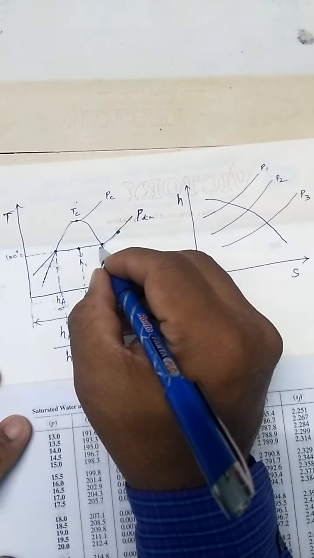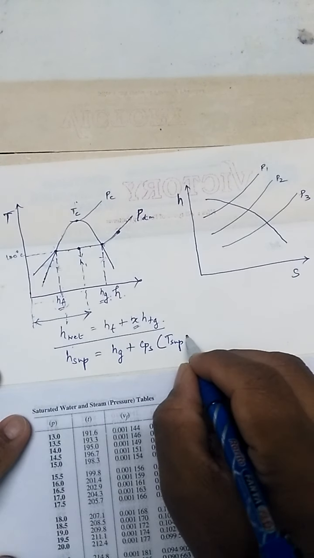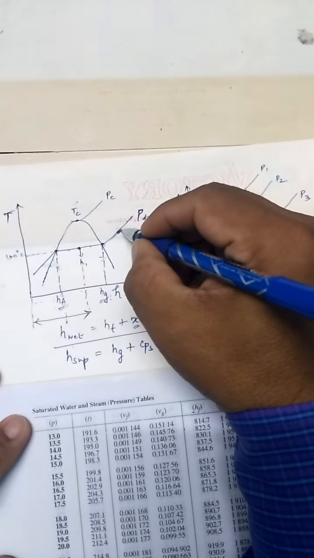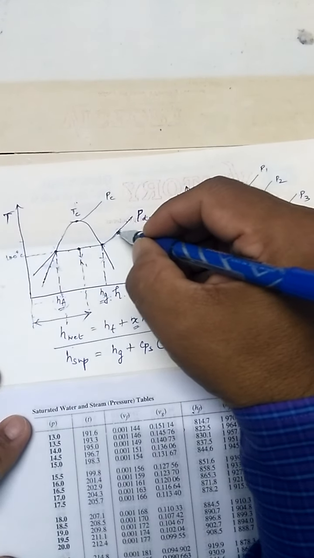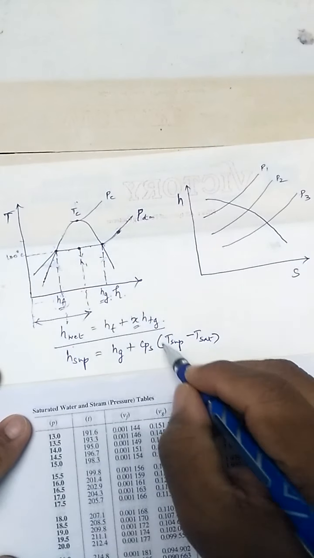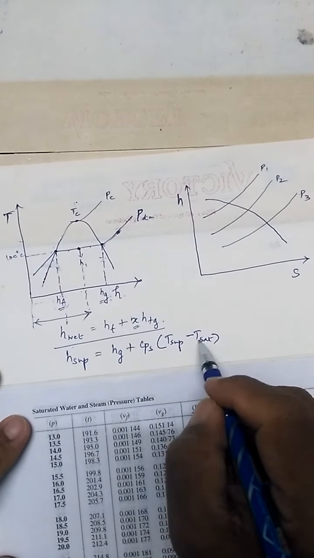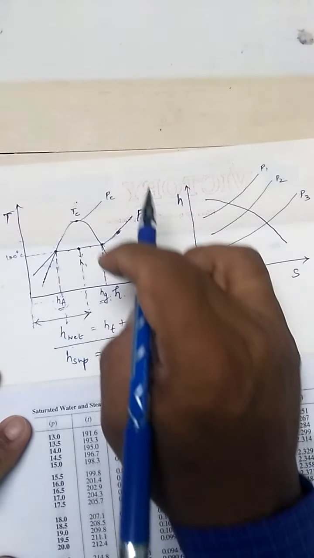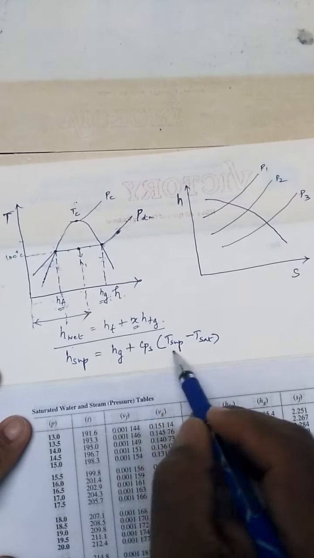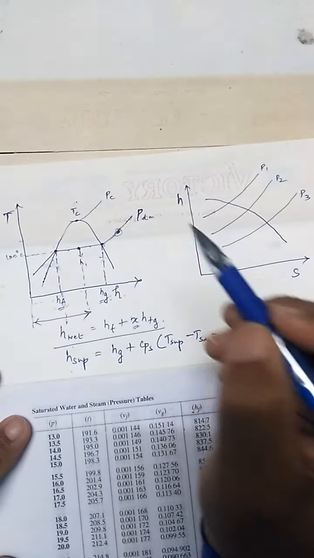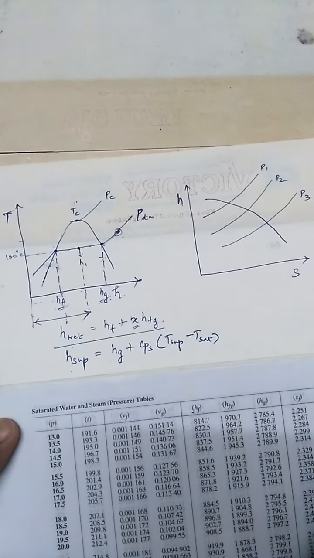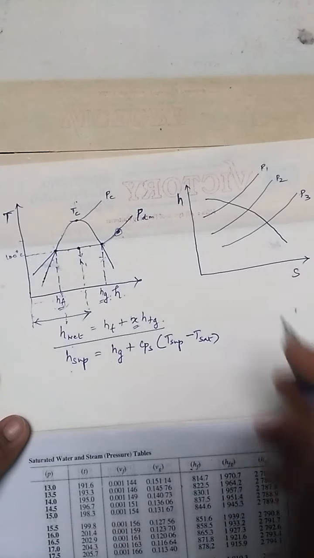This temperature minus this temperature, that is the increase. So T superheated minus T saturation, the saturation temperature at that particular pressure. That difference in temperature into the specific heat is the amount of heat added in this region. Up to this I am having hg. So combining these two, I am getting the value of h for this point. So this is how we have to calculate this h value for different points.